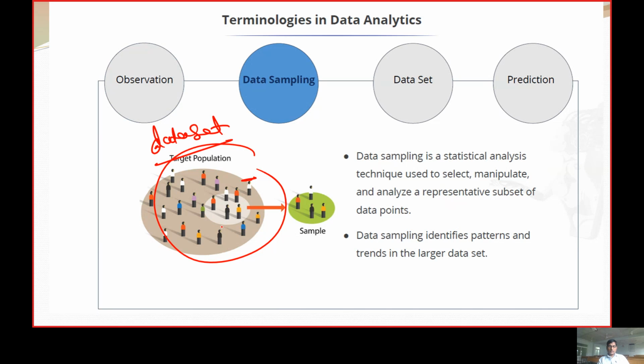So it is a collection of observations. From that, we need to pick samples, randomly. In this entire population, I am a red shirt person, and I pick one. In the yellow shirts, I pick one.